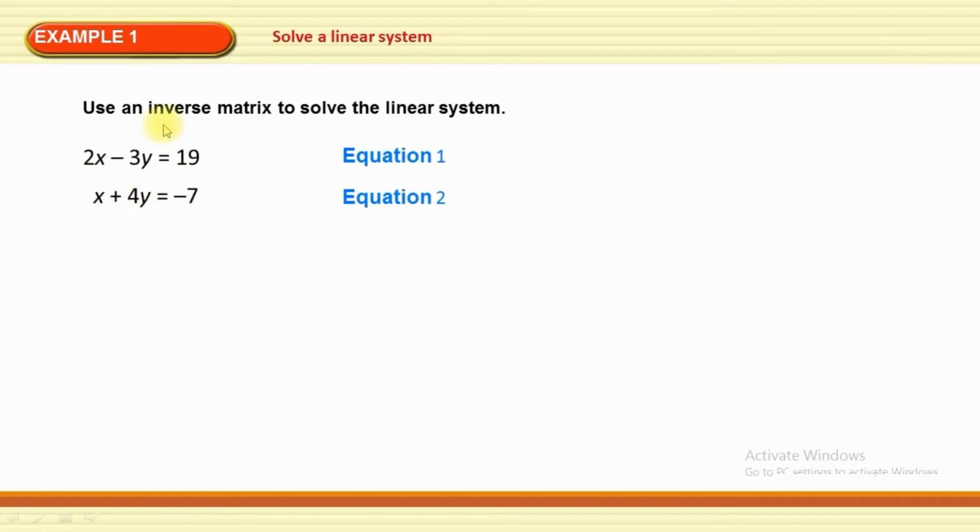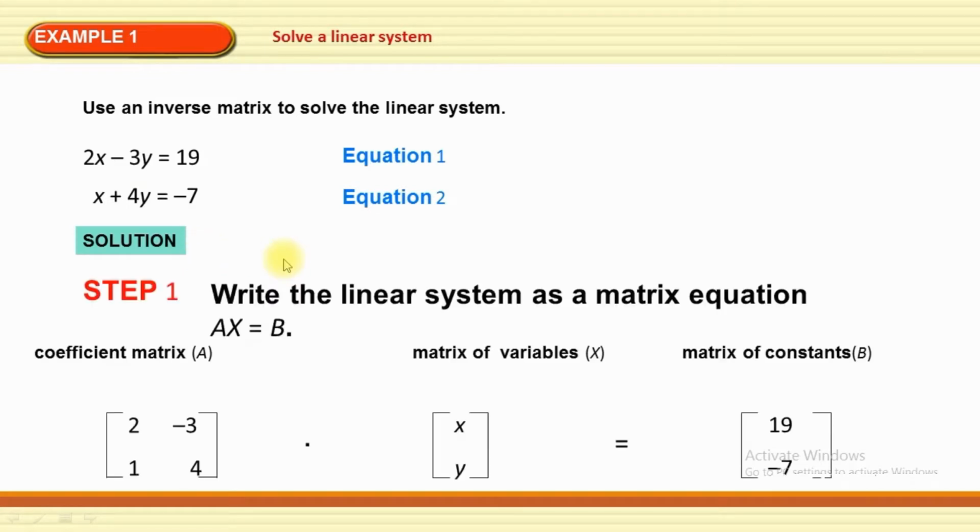To find the solution of this system, first of all, write this system in matrix form, which is Ax = B, where A is the coefficient matrix, which is [2, -3; 1, 4], and X is the matrix of variables. There are two unknown variables, x and y, and this is equal to the matrix of constants. The constant matrix is [19; -7].